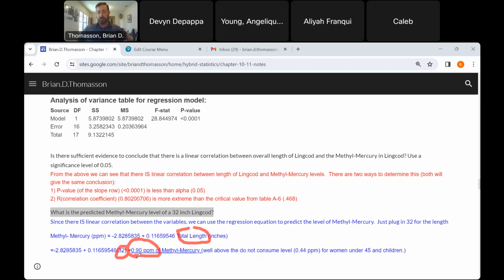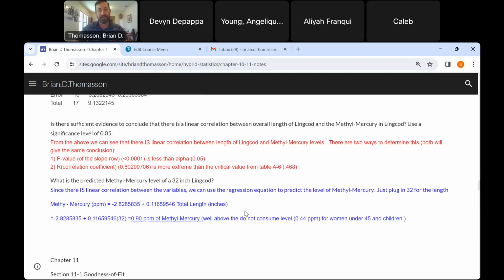The predicted value is twice what the do not consume level is for women and children. So the bigger lingcod definitely have more methylmercury, and we learned something. It's just we catch a lot of these lingcod, and the big ones we no longer want to bring home because they're loaded with methylmercury. Still delicious, but not good for you.